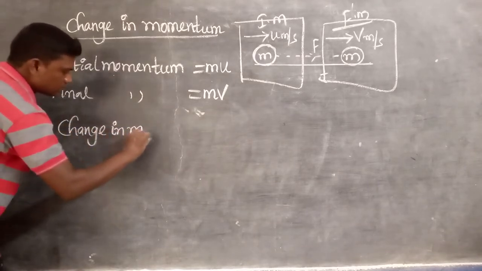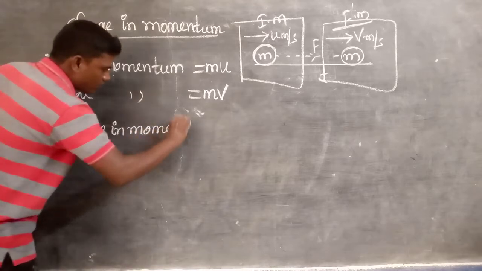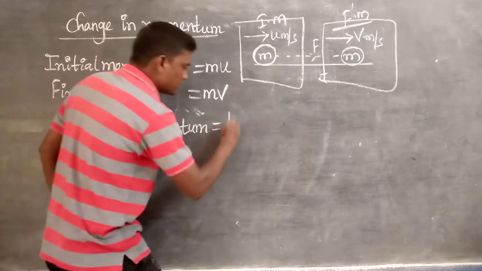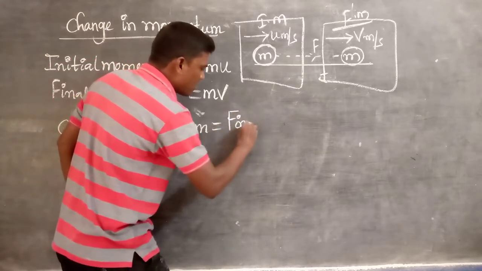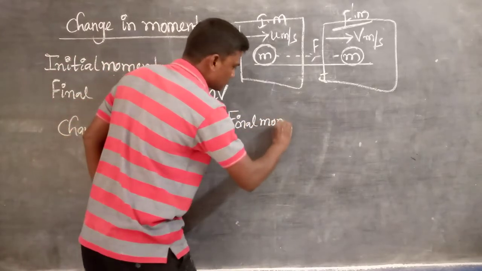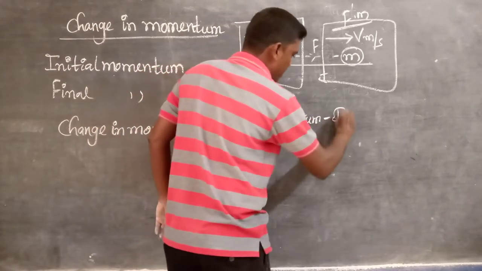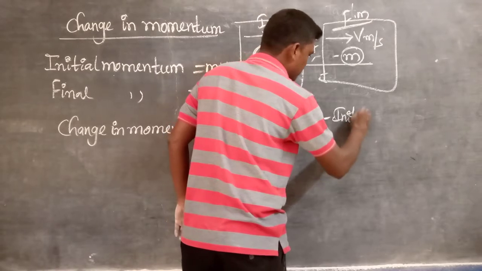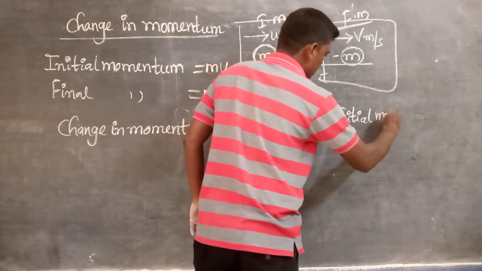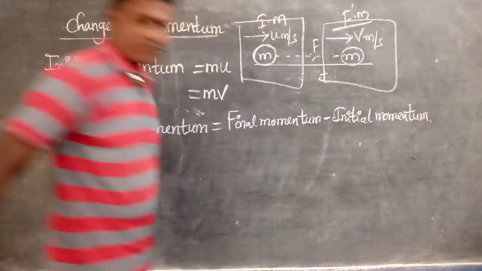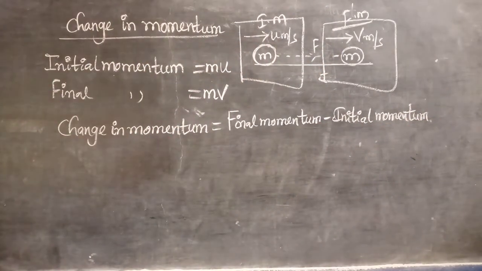Change in momentum is equal to final momentum minus initial momentum.